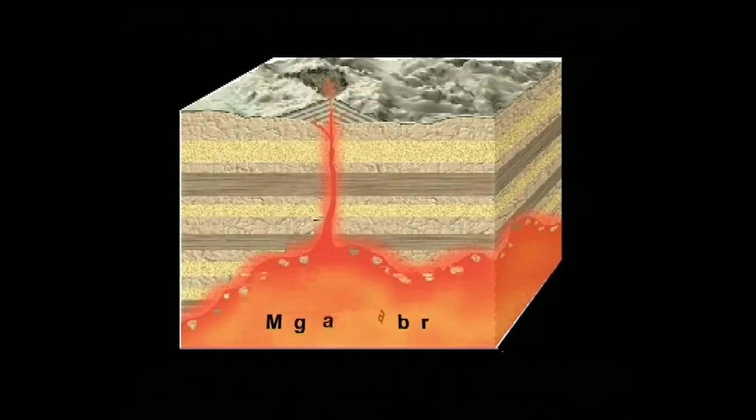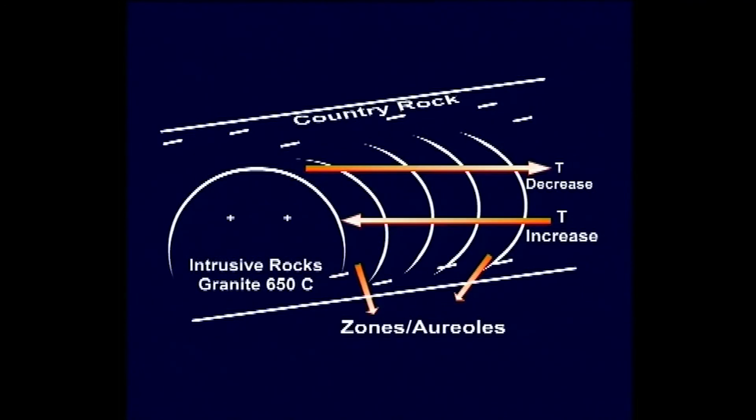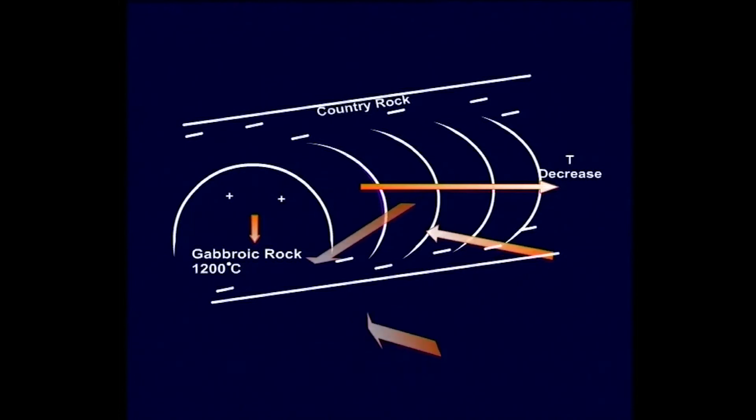If the intrusive body is of three different types, we can see how the temperature changes, particularly in country rocks. Now look at the screen and see the sketches for contact metamorphism. In the case of granitic rock, we can see the thermal aureoles will be narrow as compared to gabbroic rocks, where the temperature is nearly 1200 degrees centigrade.